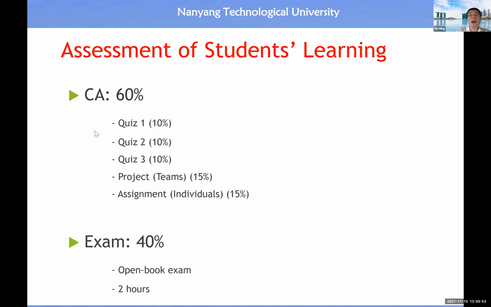CA will count for 60% of the final mark, and the final exam will count for 40% of the final mark. CA will consist of 3 quizzes, 1 project, and 1 assignment. And the final exam is an open book exam, which will last for 2 hours.